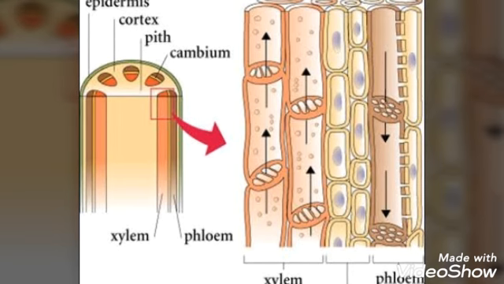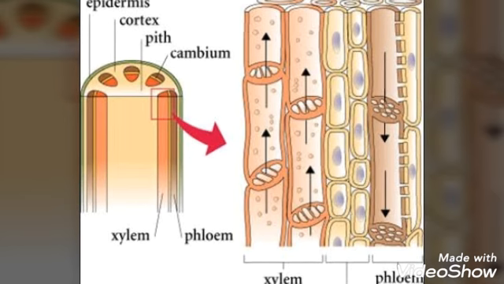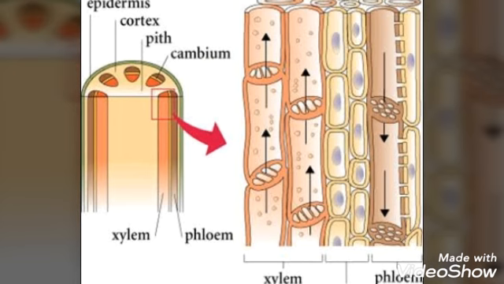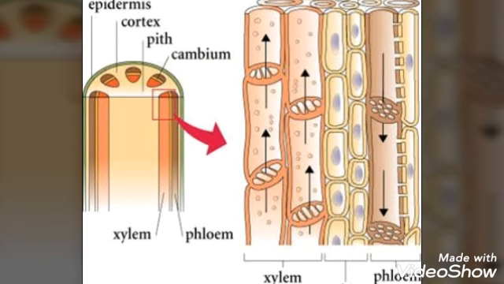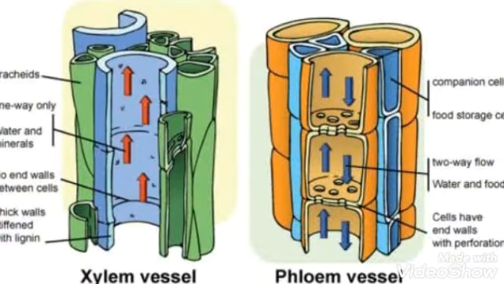In root pressure, water accumulates in the root, and this accumulated water creates an upward thrust, and that is how water moves up. So one is because of pulling, another is because of pushing. This is how water moves in plants.